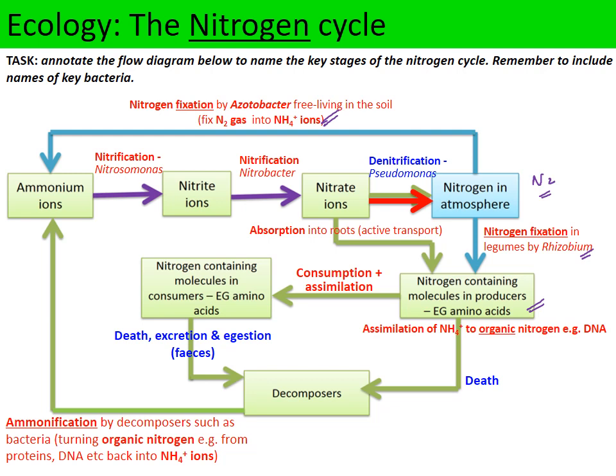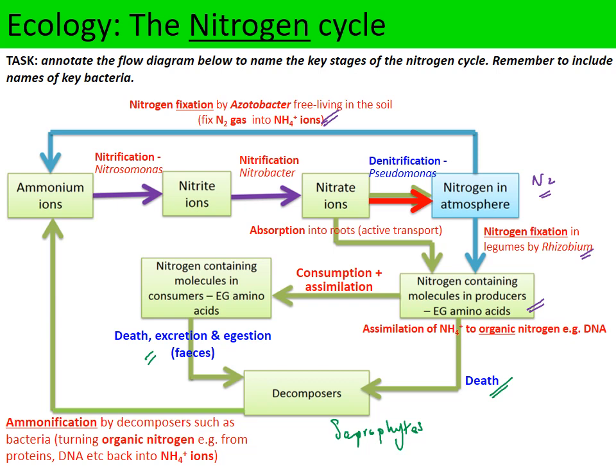We know plants do get eaten by animals, so the organic nitrogen is consumed by these animals, and the organic nitrogen is then used to build organic nitrogen molecules inside the animal itself, so DNA, RNA, amino acids and proteins. We know all plants and all animals die. So dead organic material will be decomposed by saprophytes. So we can say saprophytes here, which are the fungi and the bacteria, and they have extracellular digestion and they absorb the products of their digestion.